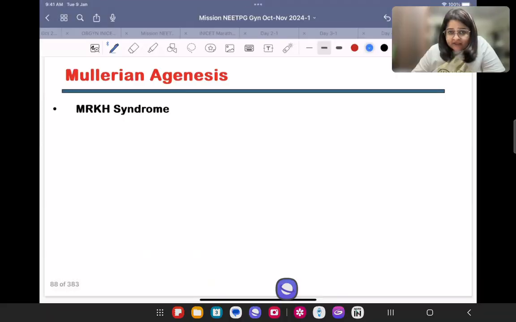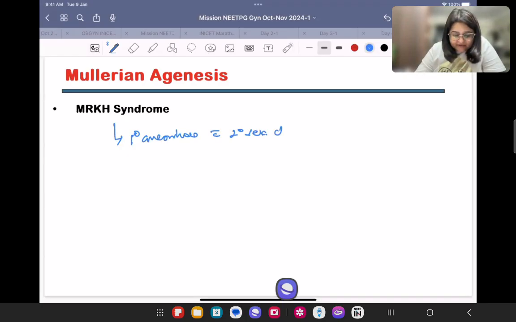If we talk about MRKH syndrome, same thing. I'm going to give you just a quick description of it. We've already done this. So this is a girl who's going to present with primary amenorrhea with secondary sexual characters present. In complete agenesis, the uterus is going to be absent. Also absent are all the Mullerian structures.